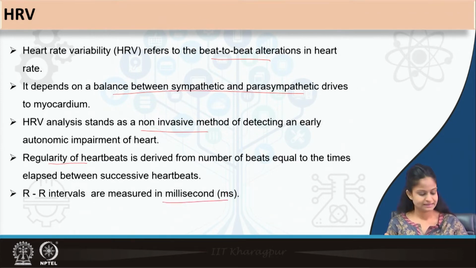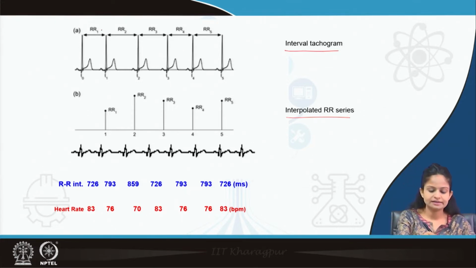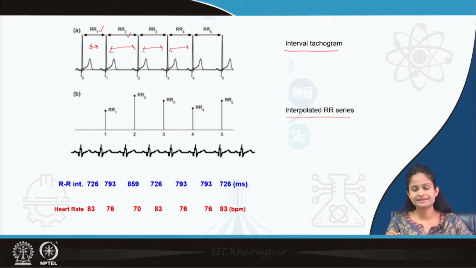This is determined from the ECG recording and measured in milliseconds. In this diagram we can see the interval tachogram, and this is the RR interval which is interpolated. The duration of RR1 is definitely less than the duration of RR2. Then we have the RR3 duration, and the RR4 duration is again less compared to RR3.